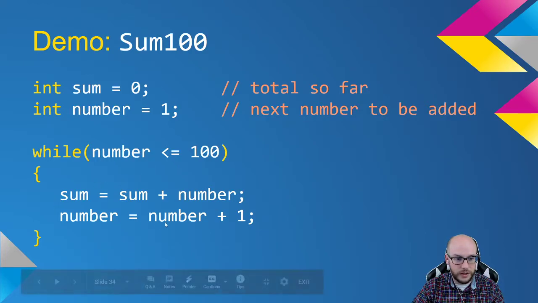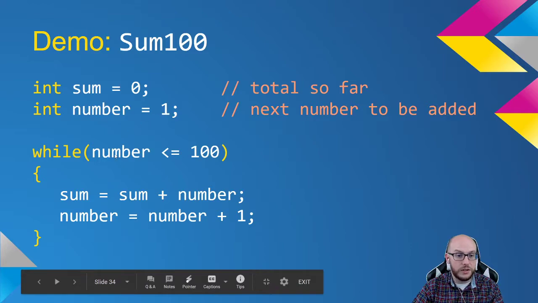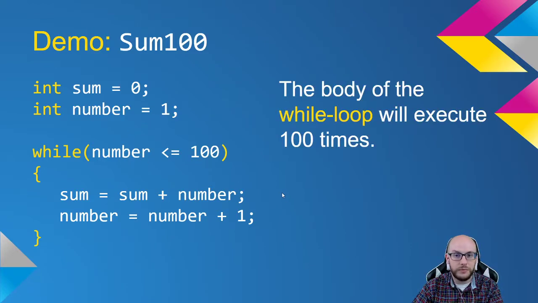Hopefully you can see that number is changing inside of this body. Every time we do this, we update number, we increase it by 1, we save it back in. So every time this happens, number gets bigger and bigger. Eventually, number is going to be 101, at which point this would stop.